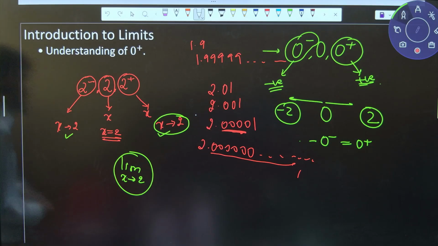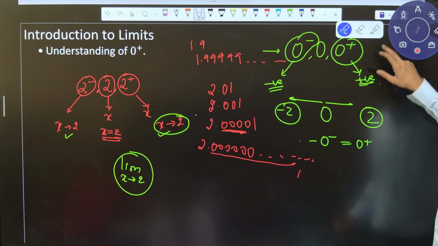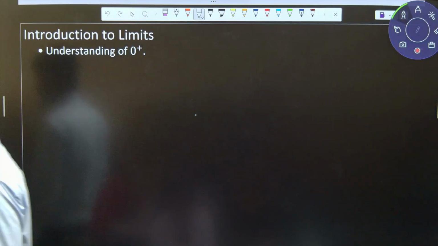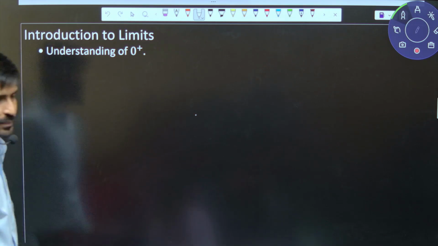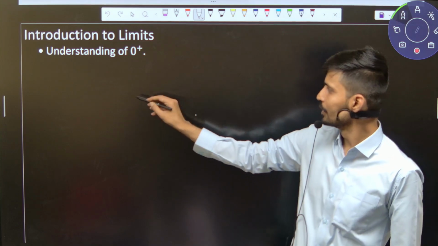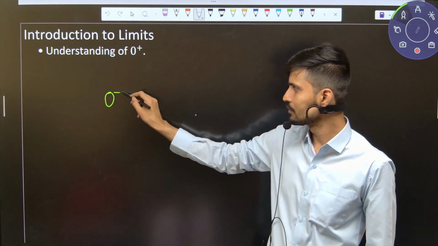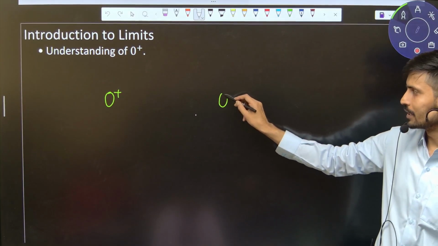Okay, done na? Now I am going to give you an introduction about 0 plus. See, 0 plus. Suppose I am writing 0 plus here. And again I am writing one more 0 plus here in the limits chapter.